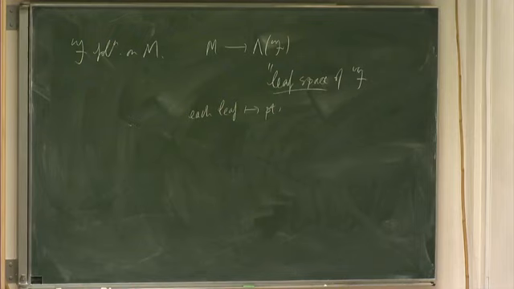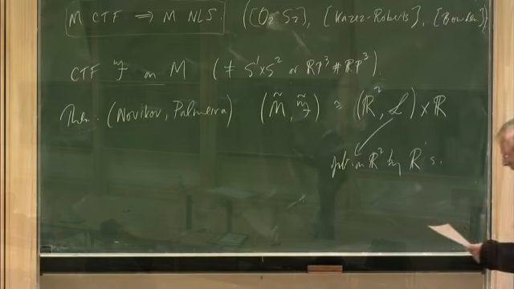Novikov and Palmeira: if you take a co-orientable foliation on any three-manifold, not these guys, then the universal covering is just R^3. Actually, more than that: the lifted foliation is a foliation of R^3 by copies of R^2.